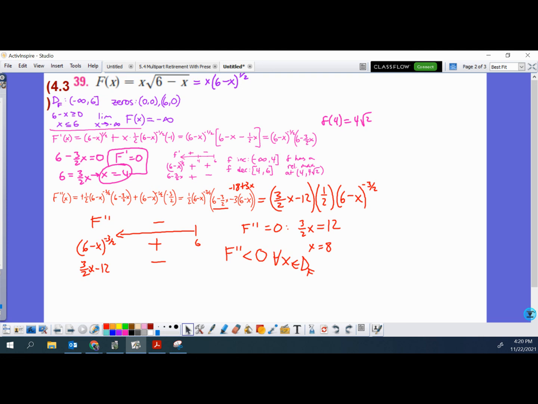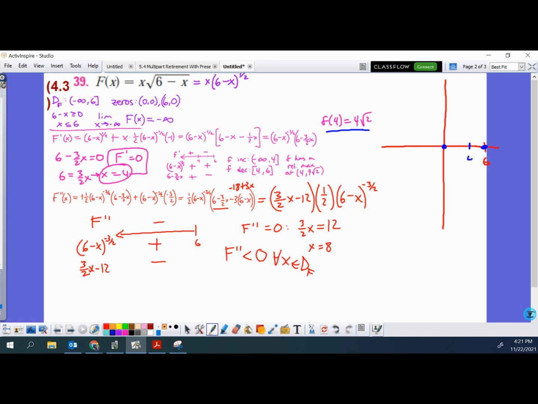And I don't think I need a lot of room here. So again, we're only going up to 6. I'm going to go ahead and just put 6 over here. And the points were 6, 0, and then 0, 0 were the zeros. And then we had another special point at 4, 4 radical 2.